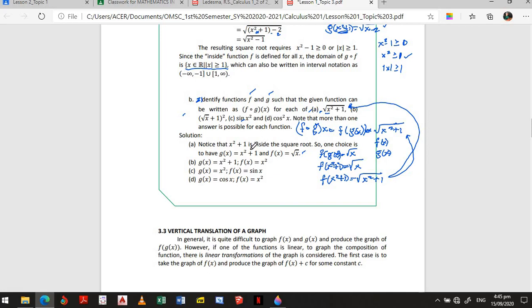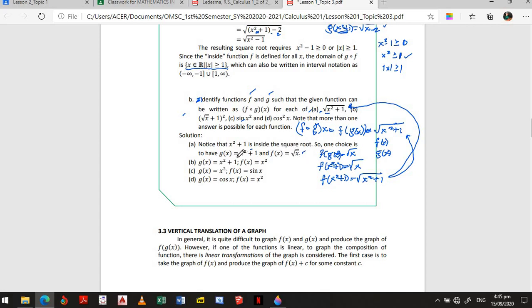So here, considering our letter A, g of x is what is inside the radical sign. So we have our g of x, which is x squared plus 1. What remains, we replace with just x, such that f of g of x is square root of x.